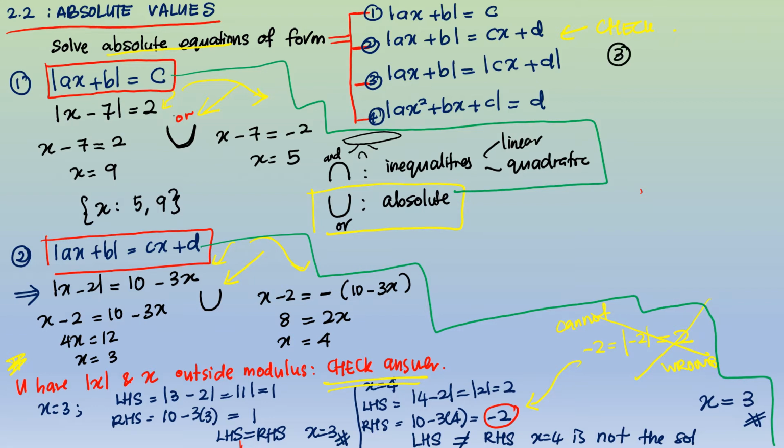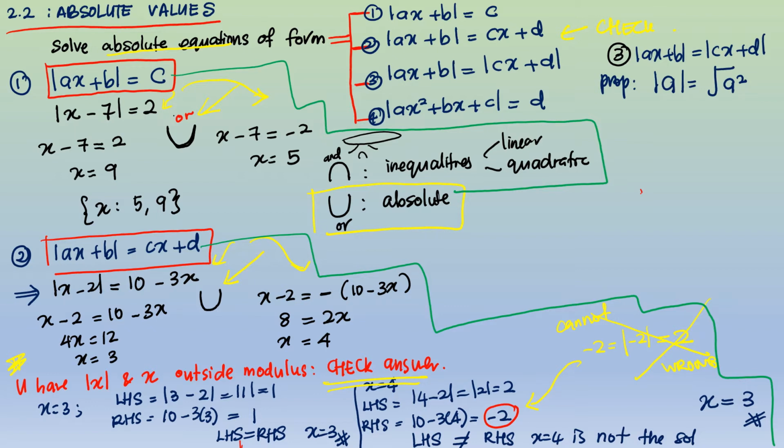Form 3 here, we have modulus ax plus b, modulus cx plus d. You have modulus on both sides. Here I would like to recall our properties. We know that modulus a is equal to the square root of a squared.